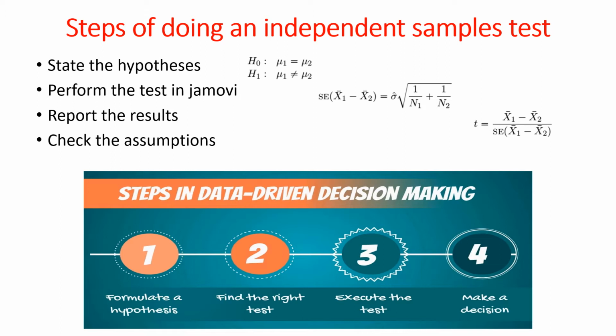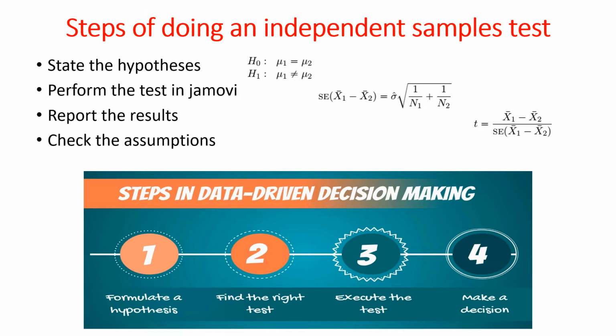So that's how we state the hypothesis. So our null hypothesis is that mu1 equals mu2. Mu is basically the mean of the population. We are basically saying that the mean of population 1 is not different from the mean of population 2.